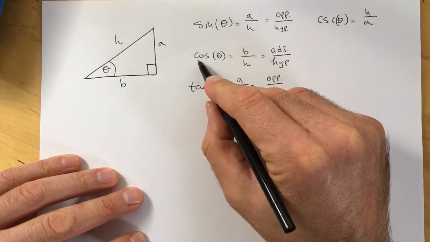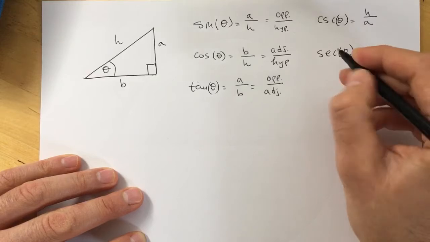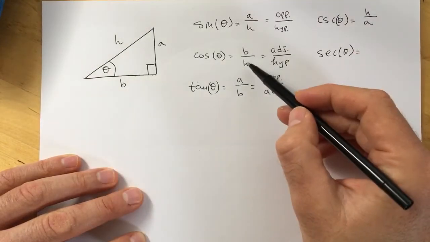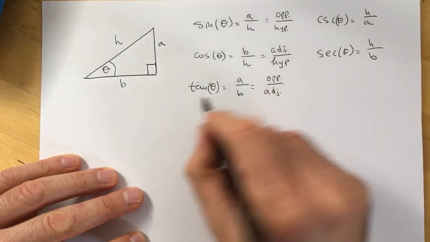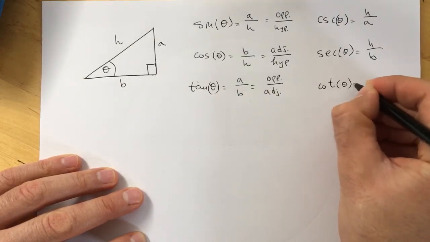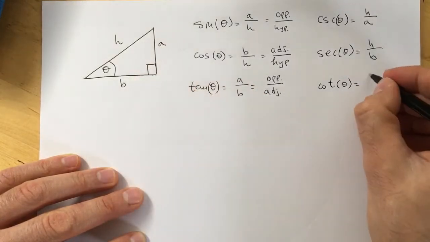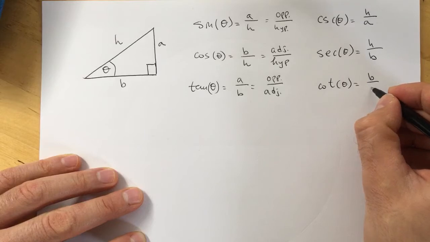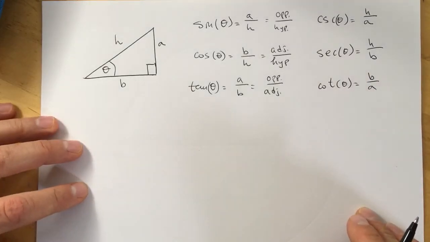The reciprocal of cosine of theta is called secant of theta, that's equal to the hypotenuse over the adjacent. And at the end, the reciprocal of tangent of theta is cotangent of theta, and that's the adjacent over the opposite.